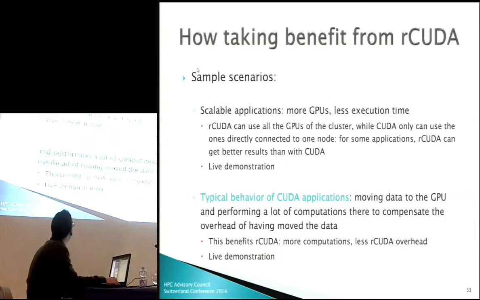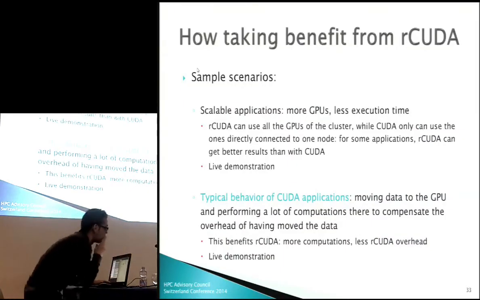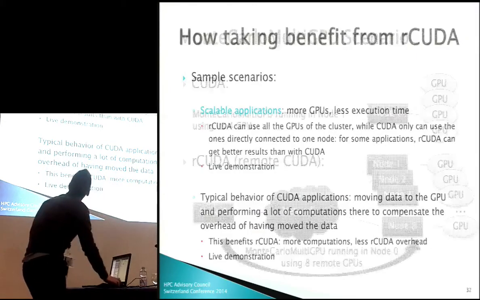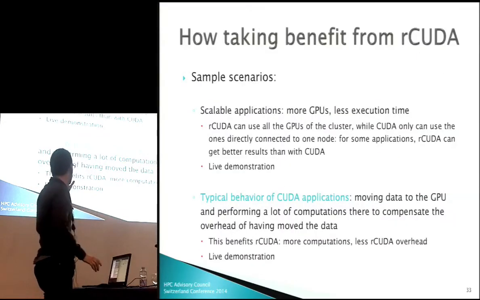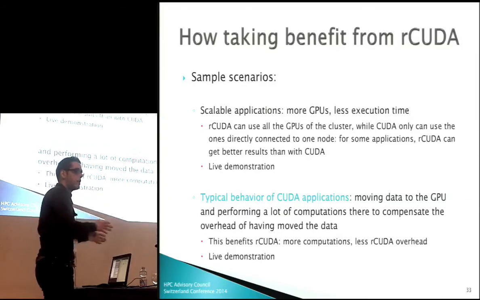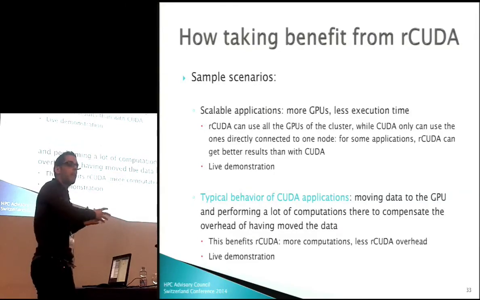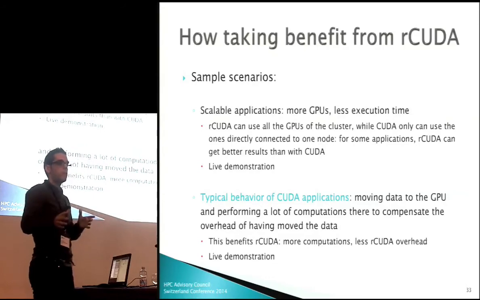Other scenarios in which we can take profit from rCUDA. In a typical CUDA application, we move data from main memory to the GPU memory, and then perform a lot of computations there. Why? We want to compensate for having moved data from main memory to the GPU memory.